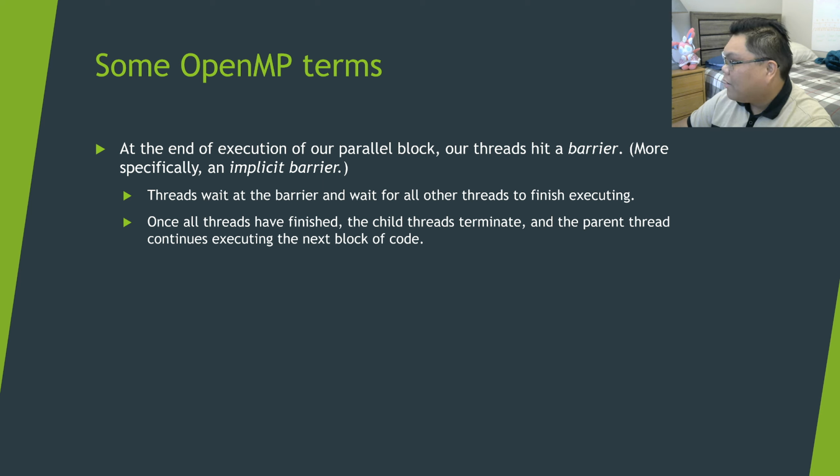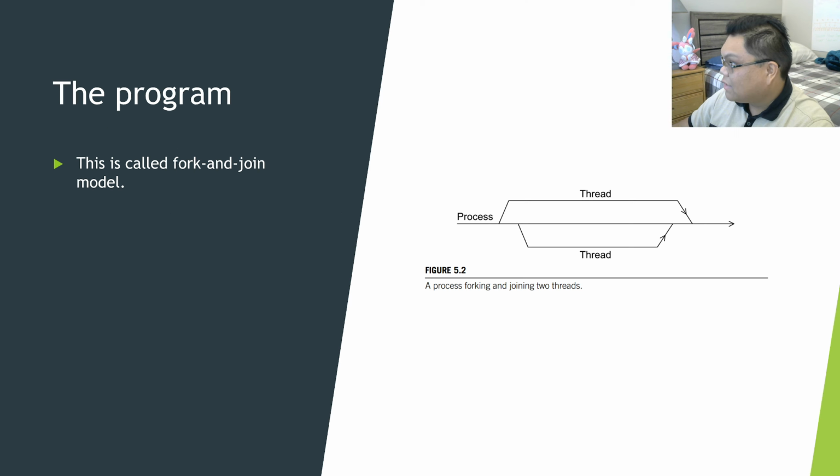Threads wait at the barrier, and then once all the threads are there, the child threads terminate. And then the parent thread continues executing the next block of code after that. This is called the fork and join model. So a process forks into multiple threads. All the threads eventually join back with the main thread.